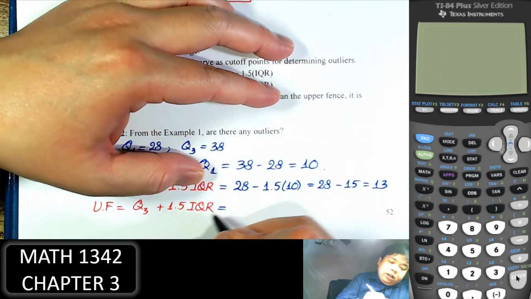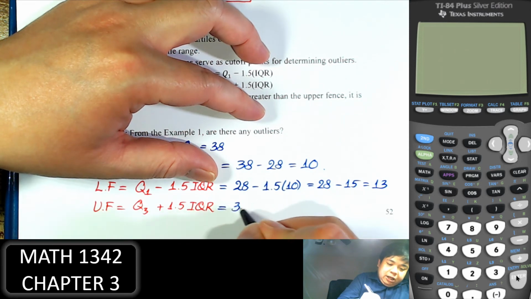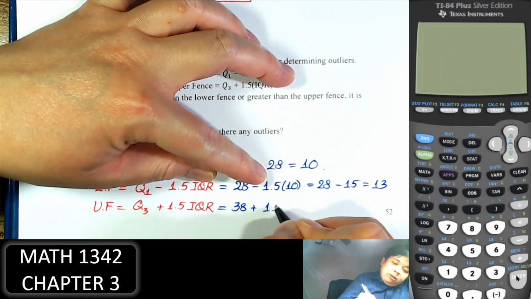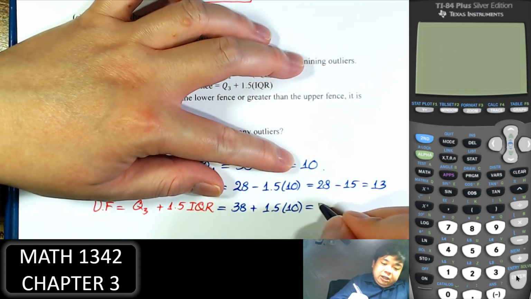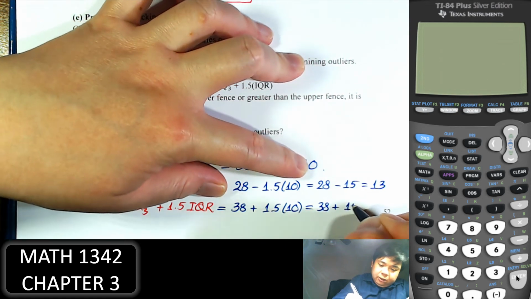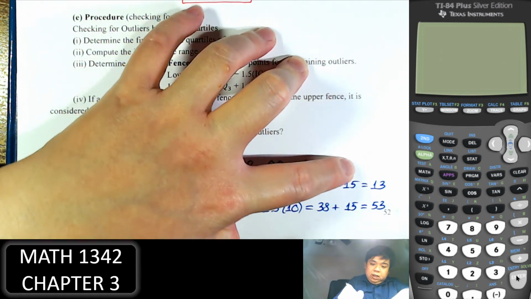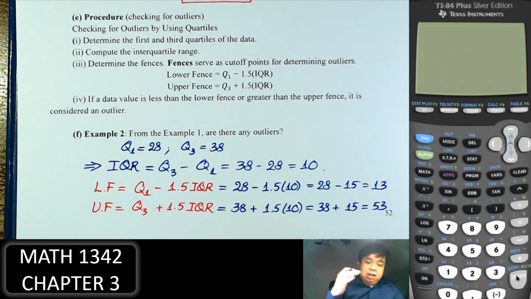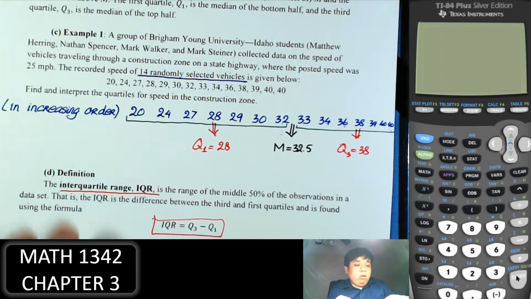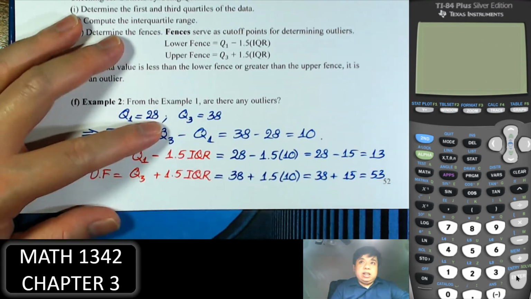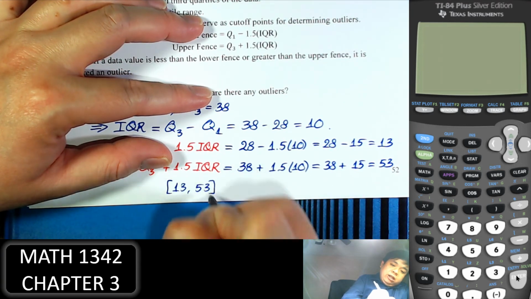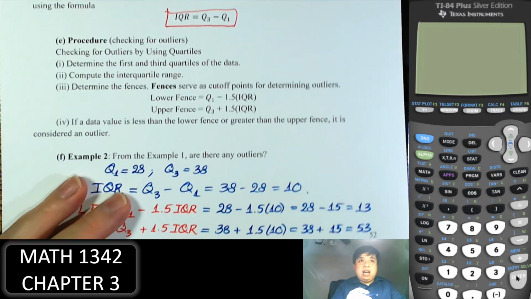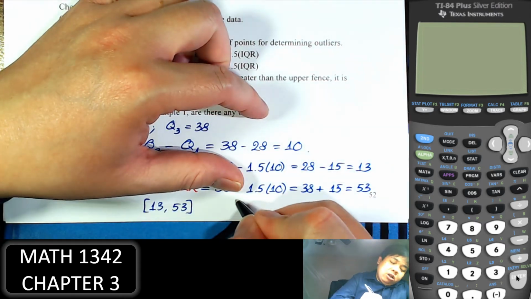And then Q3, 38 plus 1.5 times 10, so that 15 again, that's 53. So 13 is the lower fence, and 53 is the upper fence. And we look at the data, everything is between 13 and 53. So the fences are 13 to 53, and all the data are inside that. So in this case, we say no outliers.